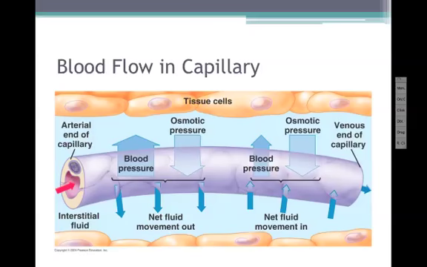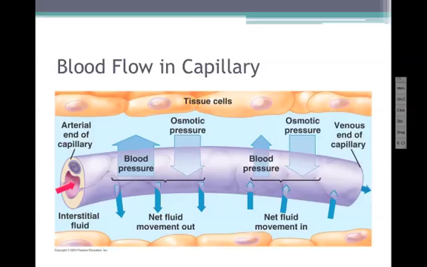In other words, out. But as we get to the venous end of the capillary, the blood pressure isn't as high. See, by the arrow, it's narrower. Osmotic pressure hasn't changed. And go back and review osmosis because it's going to be very important in understanding this: it's the flow of water through a semi-permeable membrane in order to equalize the amount of water on both sides. So there is something inside the blood vessel that is pushing the water into the blood vessel.